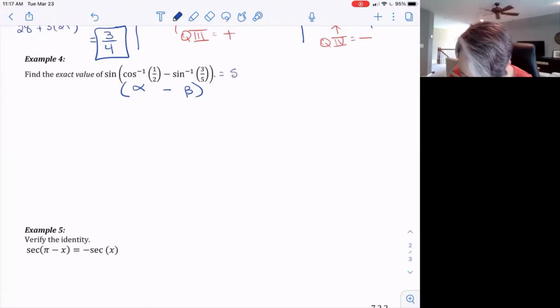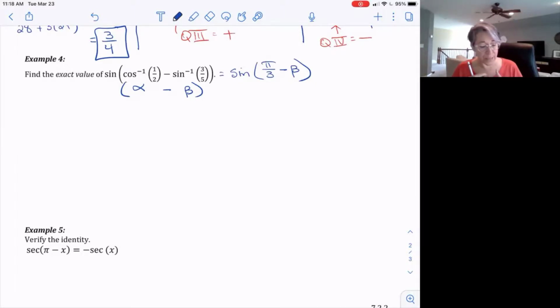So this is the same thing as the sine of pi over 3 minus, we're going to leave that sine inverse as beta because there's no angle that we're familiar with where we get exactly 3/5. So that means we need to find what that value is. But let's first focus on sine of pi over 3 minus beta.